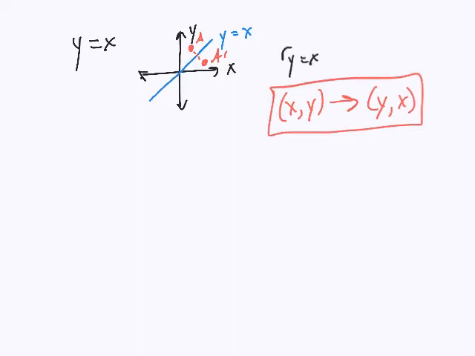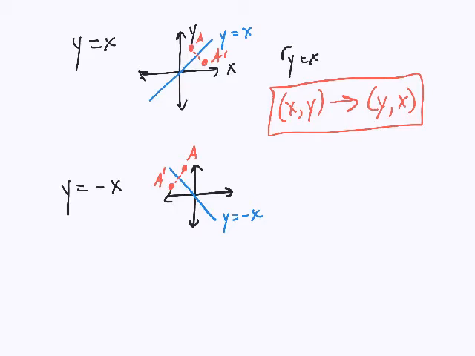And then the last special line is y is equal to negative x. If I sketch that, that's going to be going in the opposite direction. So this is y is equal to negative x. This time when I have a point and I reflect it, it's the same distance away, perpendicular on the opposite side.